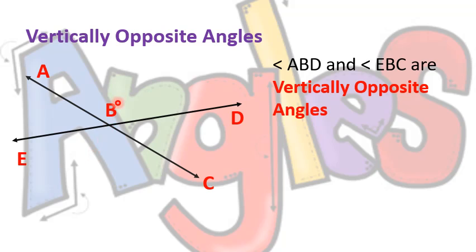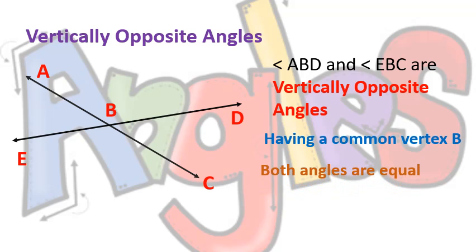They are opposite. Can you see? This is opposite to this. What do they have in common? They have this point in common. What is this point? This is the vertex. It's as if we have two letters V at the opposite of each other. Okay? So, in vertically opposite angles, we have a common vertex, which is B.